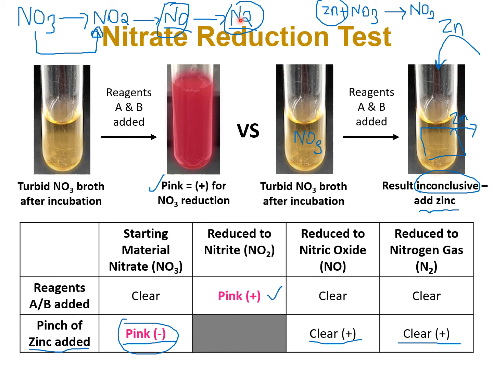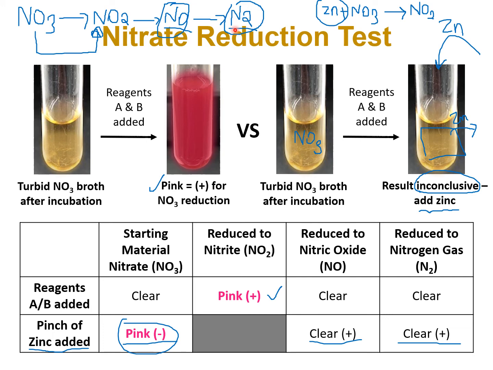So that's why in this case, clear would mean positive, because clear in this case means that your bacteria went through a reduction, and it reduced it either to nitric oxide or to nitrogen gas.